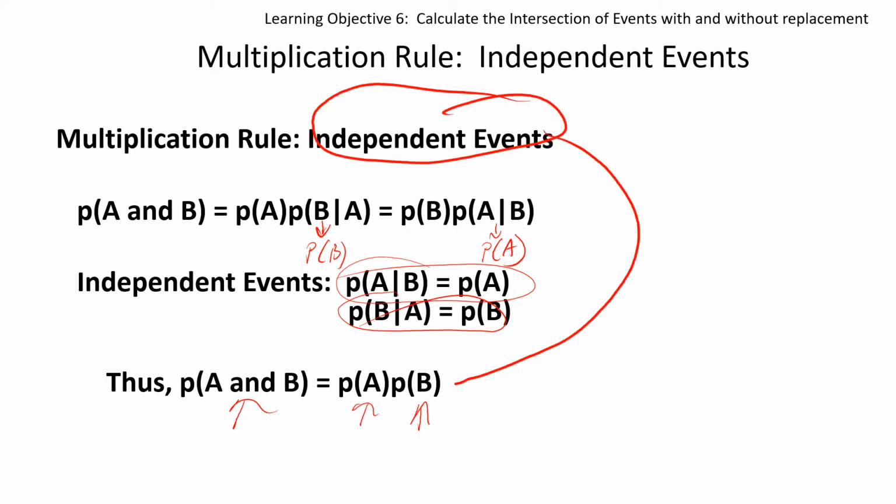That's very important. When they are independent, the probability of A and B is just the probability of A times the probability of B.